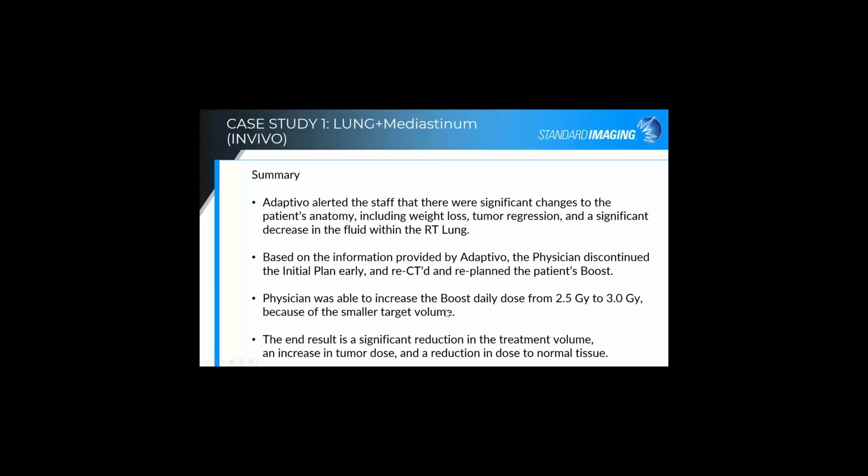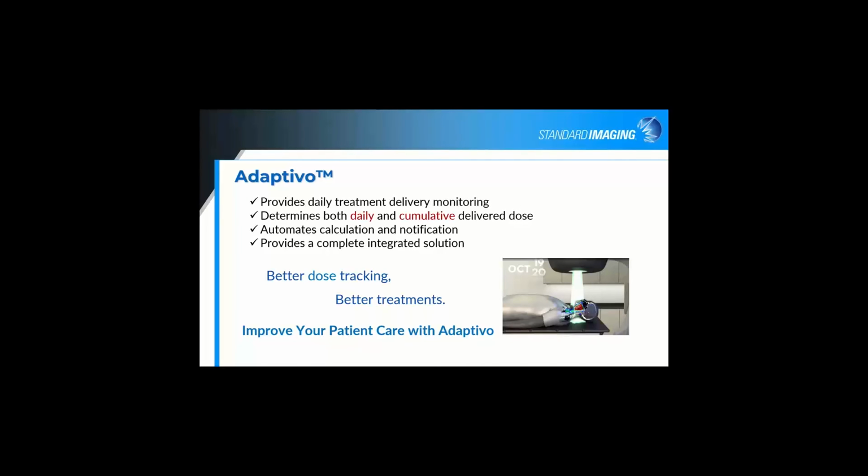The physician was able to increase the boost daily dose from 2.5 gray to 3 gray because of the smaller target volume. The end result is a significant reduction in the treatment volume, increase in tumor dose, and reduction in normal dose to normal tissue. So some really great improvements for this patient's treatment.